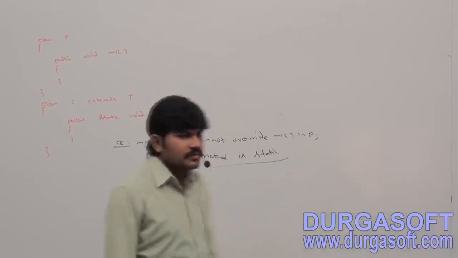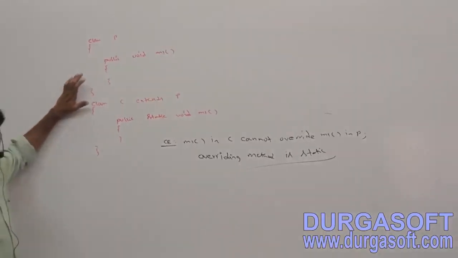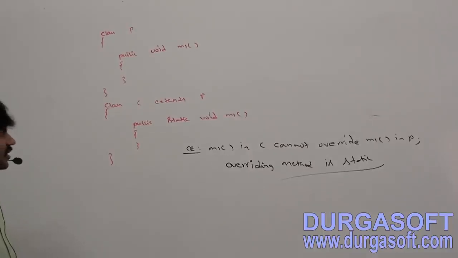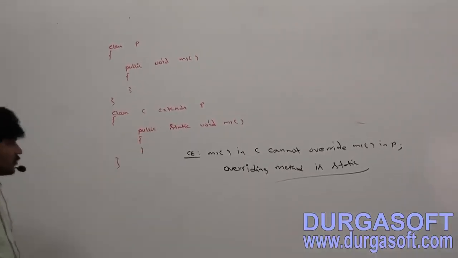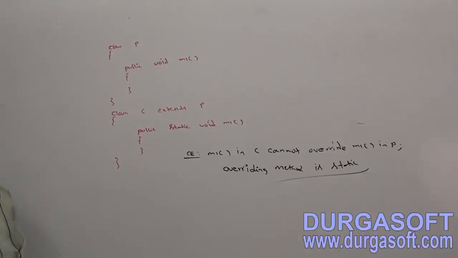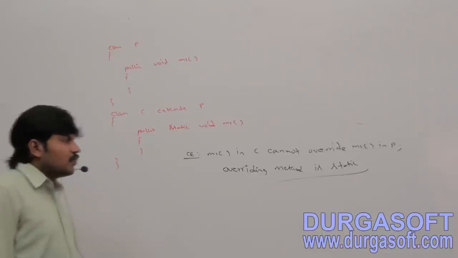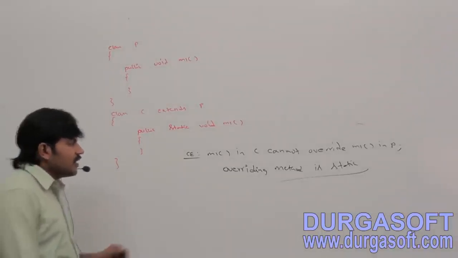Take this example. Class P, public void m1. Next, class C extends P, public static void m1. We will get a compile time error saying m1 in C cannot override m1 in P. Overriding method is static.